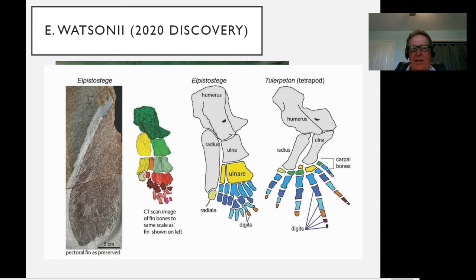The difference here is that this has the second ulna or ulnare, whereas tetrapods have carpal bone digits, but we also see those same digits here in watsoni. So this is a really cool transitional fossil showing us how we went from lobe fin fish, from lobe to feet.